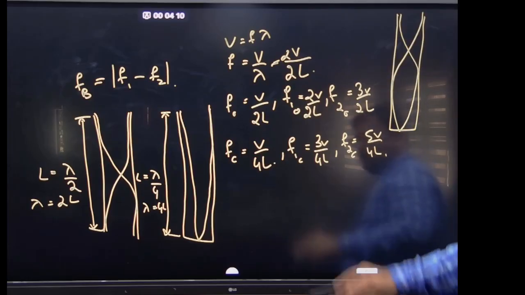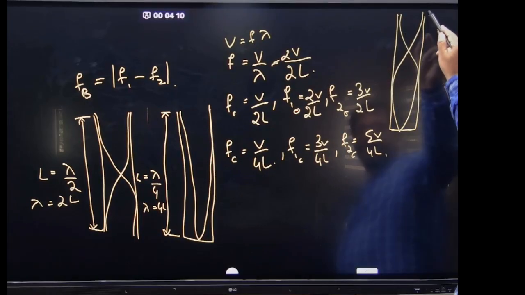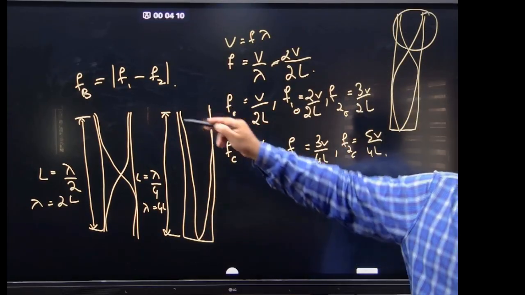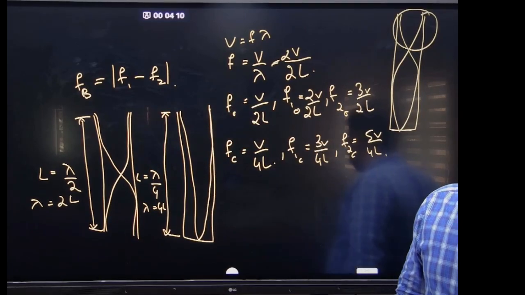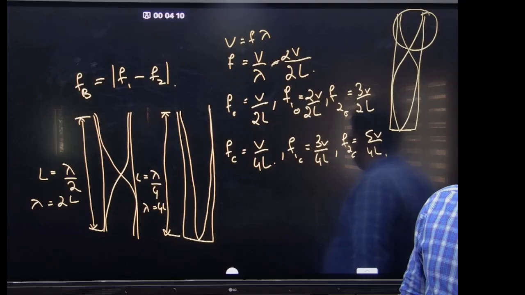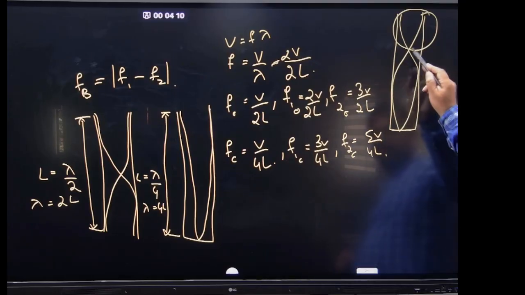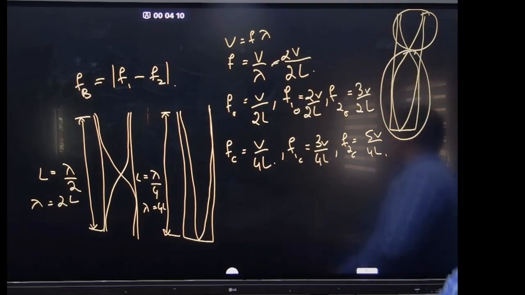Got it. Now here I can see this part is the same as that of this. Agreed? No doubts in that? Sure of it? Okay. So this is extra. So what is that? First overtone.